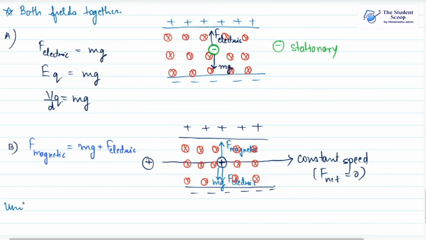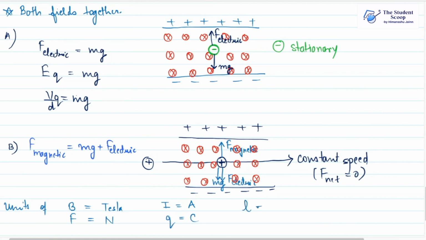Tesla. Okay. So the unit of B is Tesla. What about the magnetic force? Newtons. What about the current that we are referring to here? Amperes. And the charge we are using here? Coulombs.